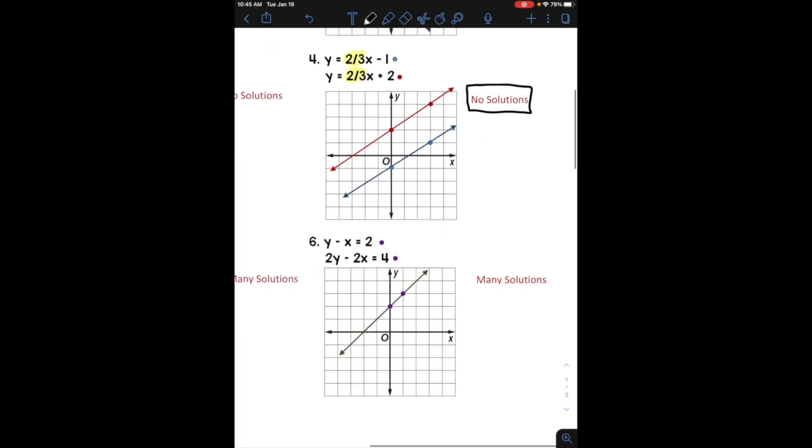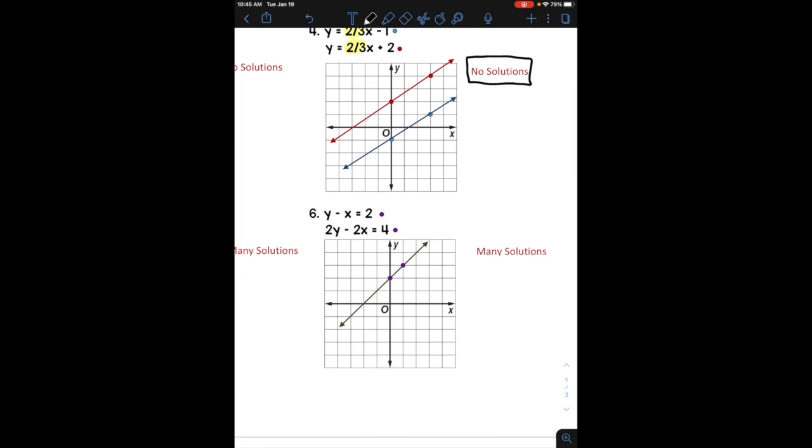And lastly, problem number 6, we did have to do a little bit of work since neither of these equations are in slope-intercept form. So over on the right, I'll rewrite the first equation, y minus x equals 2. How am I going to put this in slope-intercept form, or y equals mx plus b form? We need to solve for y.